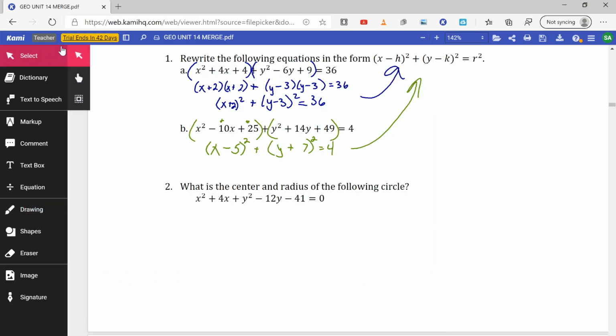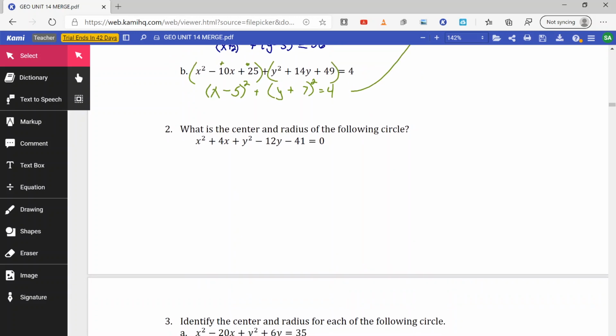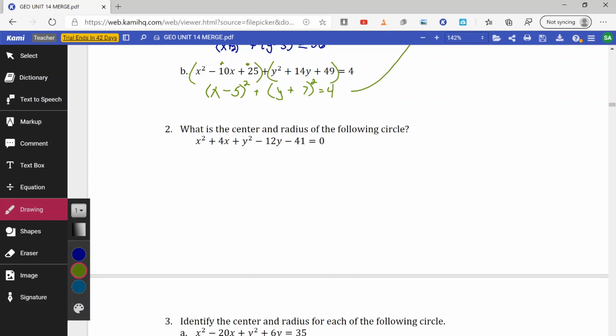You've got to be a little bit tricky here. So what we have to do is what's known as completing the square. First things first, I am going to make sure x's and y's are on one side, and solid numbers are on the other side of the equal sign.